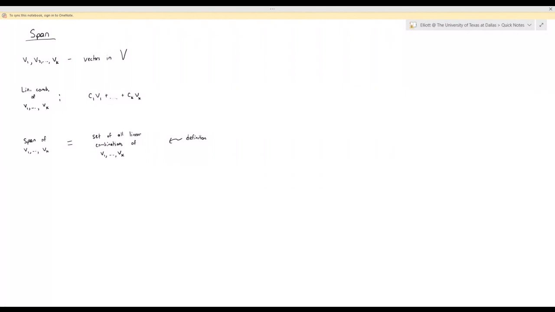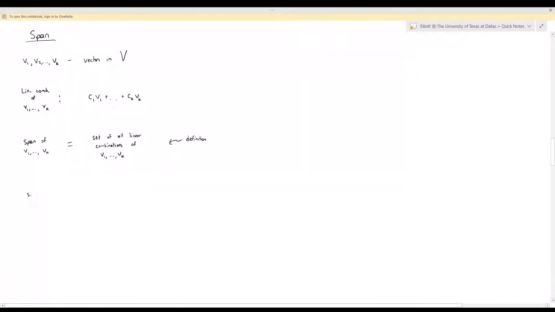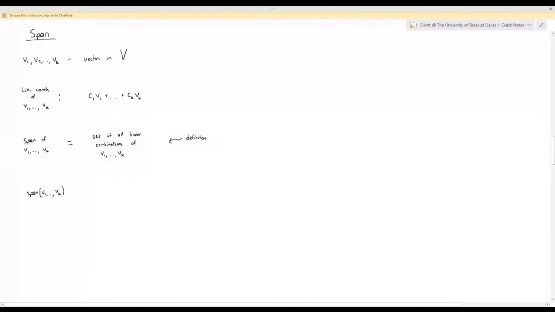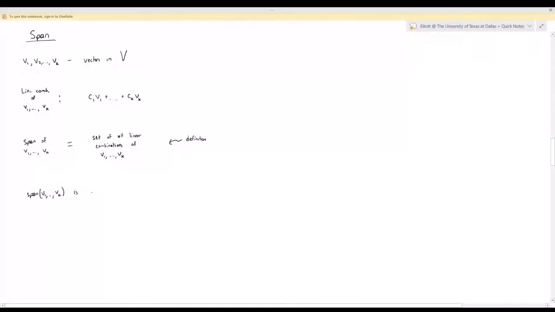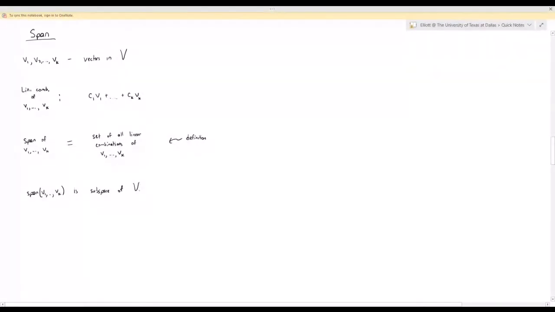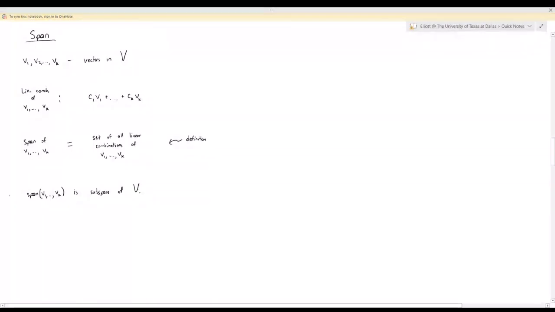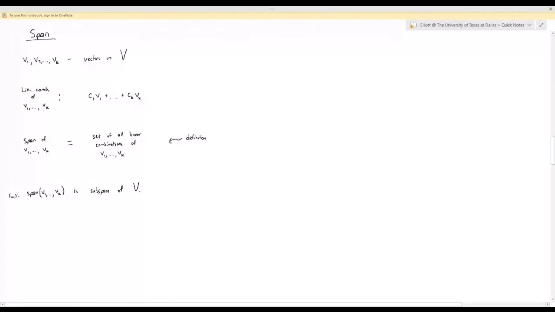The span of a collection of vectors will always be a subspace of the space that they were in. The span of v1 through vk is going to be a subspace of V. Essentially, if it contains all the linear combinations, it contains all the sums, so it'll be closed under addition.